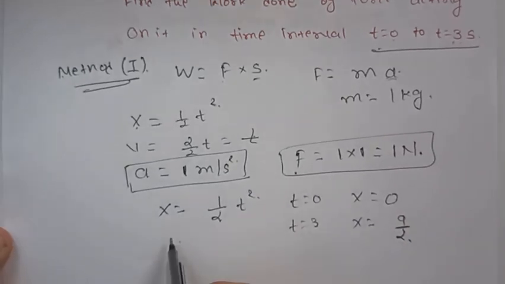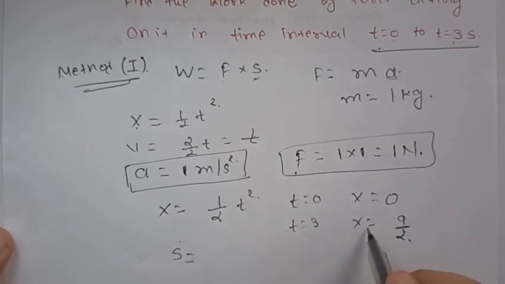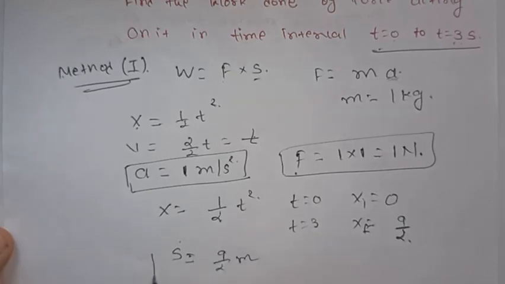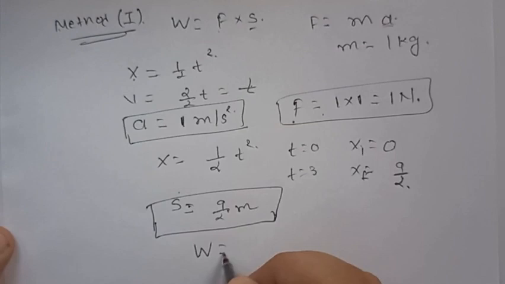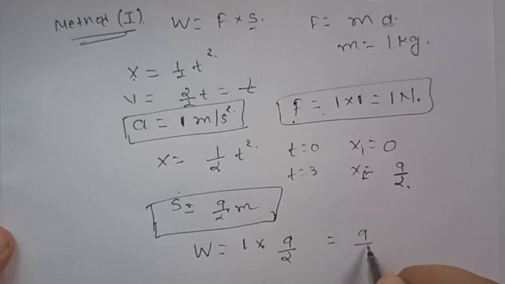So the displacement, taking this as final position and this as initial position, will be 9 by 2 meter. We have force, we have displacement. We can find the work done as force 1 Newton into displacement 9 by 2 meter, that is equal to 9 by 2 joule.